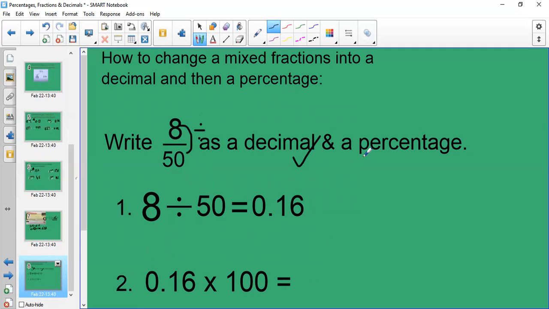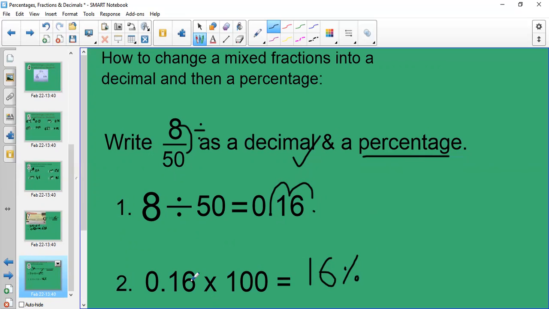For the second part of this question, I need to change it into a percentage. So to do that, I need to use my decimal, 0.16, and I just need to multiply it by 100. So I need to move my decimal point forward 2 places. 1, 2, so it ends up here. So 0.16 multiplied by 100 is equal to 16, but because it's a percentage, we need to put in that percentage sign.